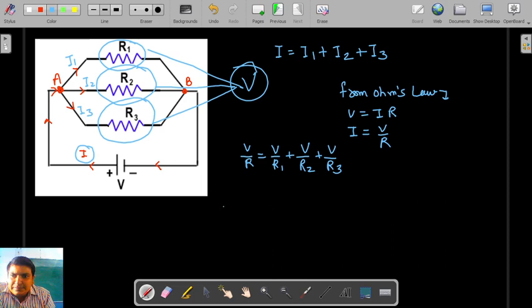Hence we can take V common and we get the formula 1 upon R net equals 1 upon R1 plus 1 upon R2 plus 1 upon R3.